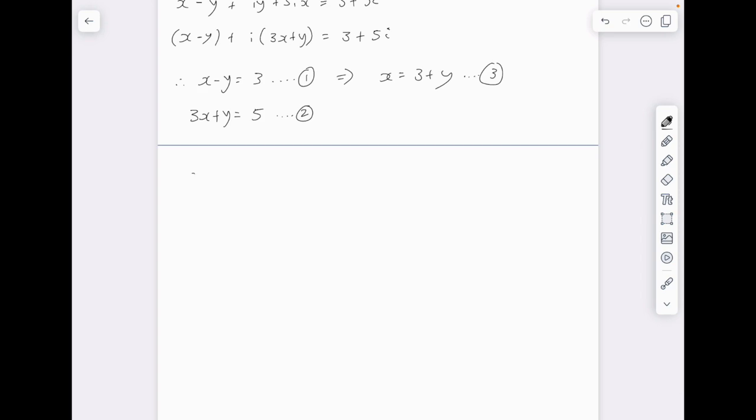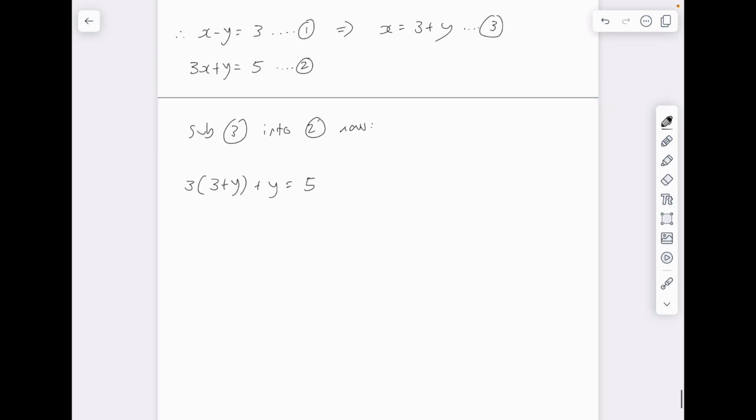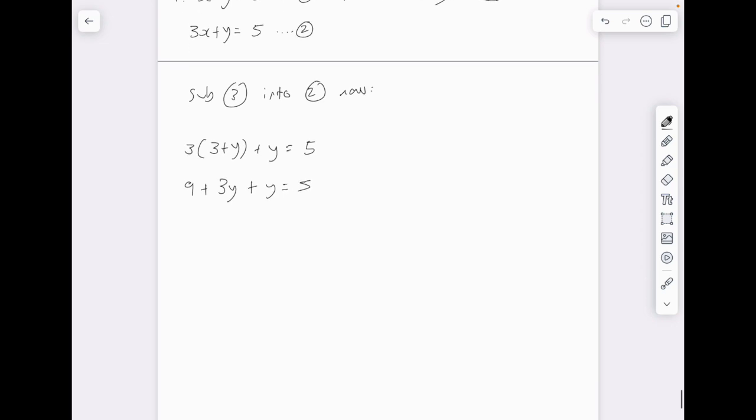So if we sub 3 into 2, here's what we get. 3 plus y, plus y equals 5. So 9 plus 3y plus y is 5. 9 plus 4y equals 5.